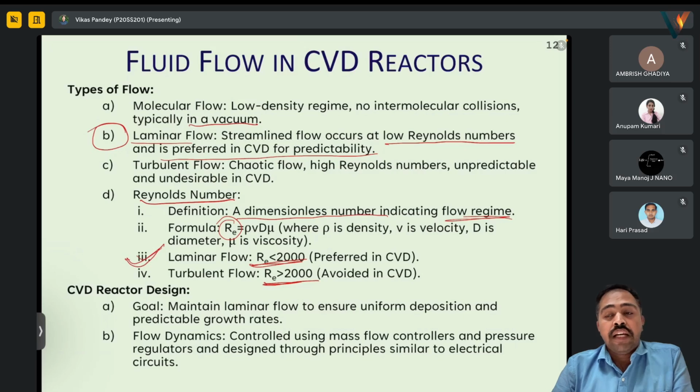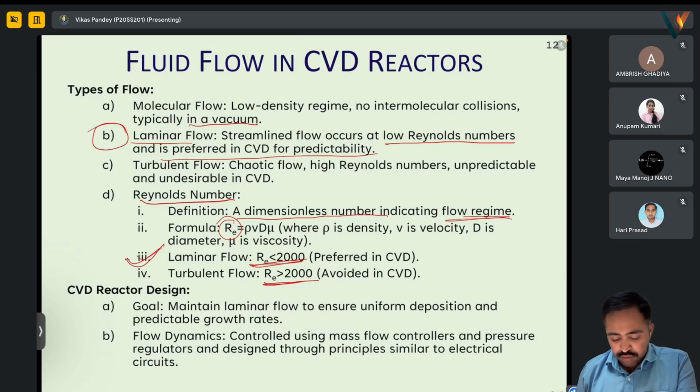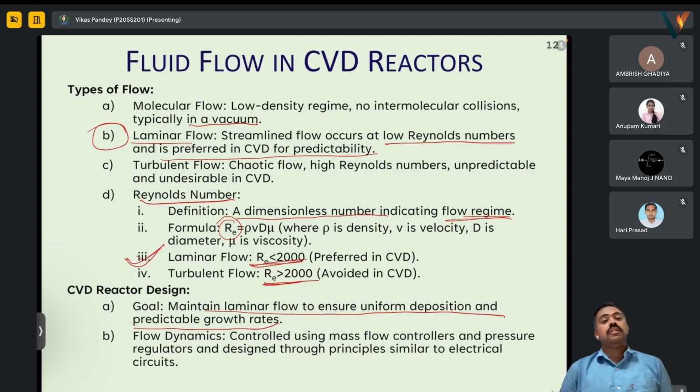So when designing the CVD reactor, we have to maintain laminar flow to ensure uniform deposition and predictable growth rate. If it is turbulent, we will not be able to determine the growth rate every time. Suppose I am doing it today and it gives me 300 nanometer deposition, the next day it might give 50, another day it might give me 400.